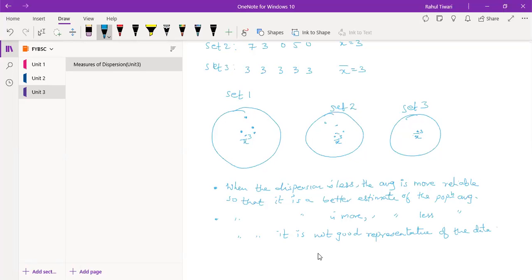So mainly it is important that your dispersion should be less. Very important. Try to get the dispersion less. That is one thing. Second, I can put another point.